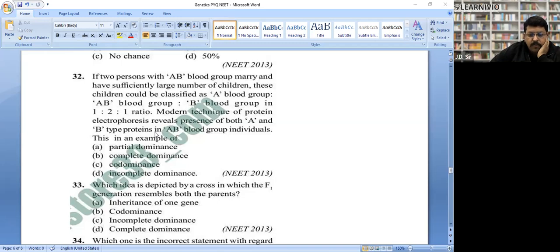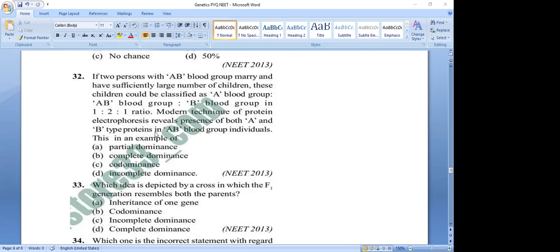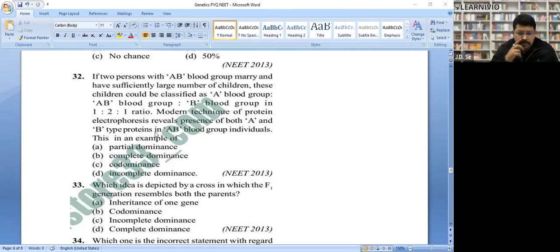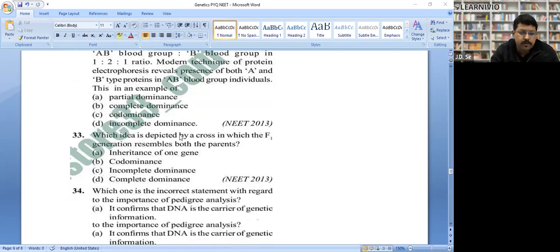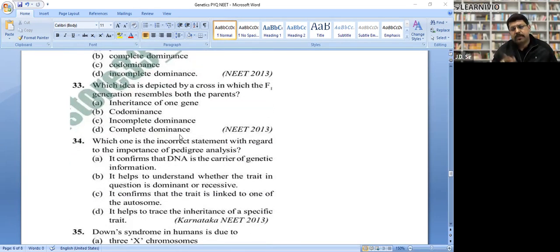This is an example of partial dominance, complete dominance, codominance, or complete dominance? Codominant. Very good. It's codominance. The AB blood group itself is an example of codominance.